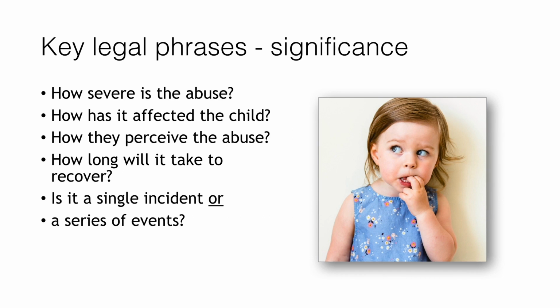So seriousness isn't absolute. Seriousness is in the context of the child's circumstances, their response and resilience. And of course, significance may be indicated by a single event of abuse or otherwise seemingly lower level of abuse, but its impact over an extended period of time.